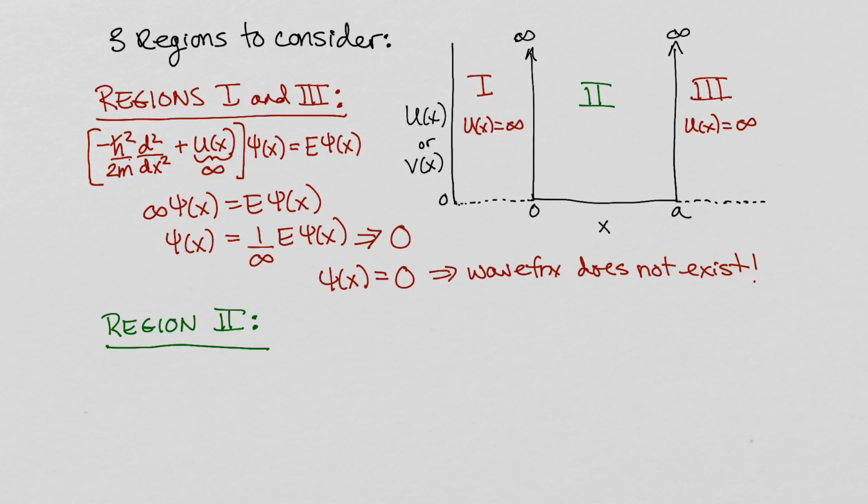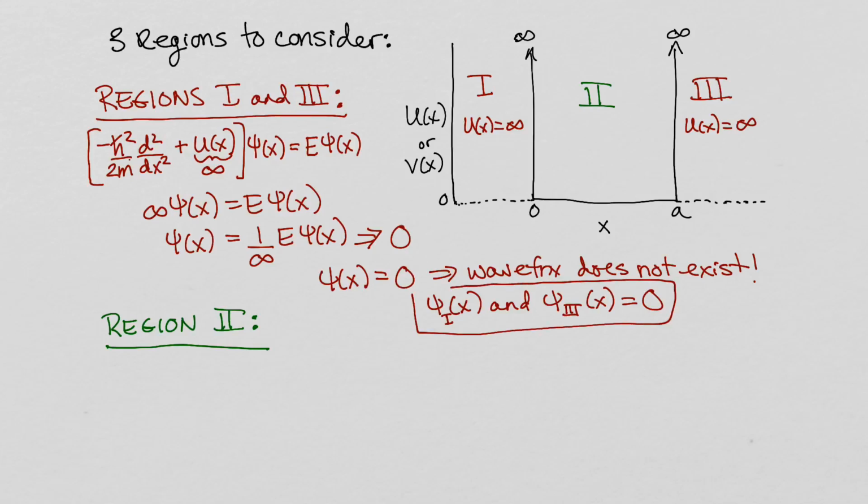So in regions 1 and 3, our wave function is 0. For region 1 and for region 3, we have no particle. So there's our end result. Nothing interesting for us to work with in regions 1 and 3, which goes with the problem that we set up. We have no particle there, so thank God the wave functions there are actually 0.